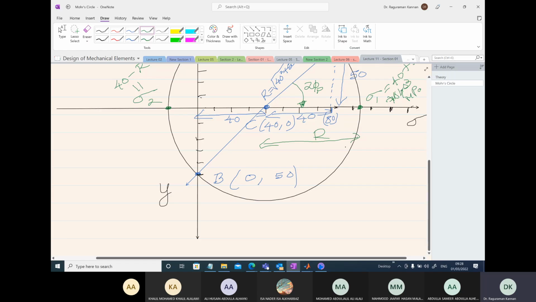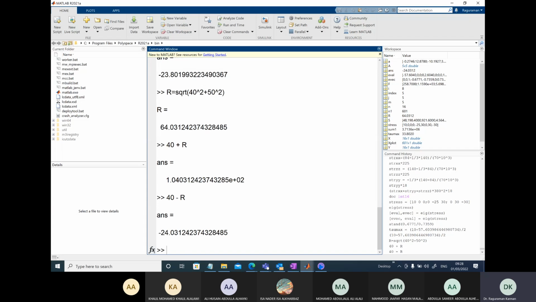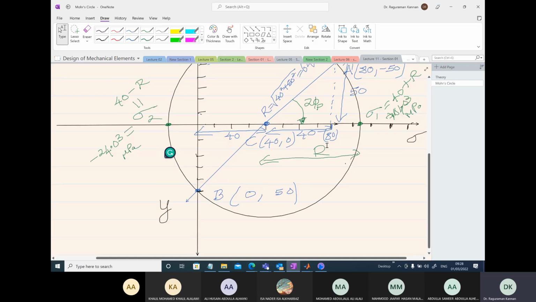And sigma 2 is nothing but 40 minus r, minus 24.03 megapascals. So these are the values of the principal stresses. Now let's get the direction.